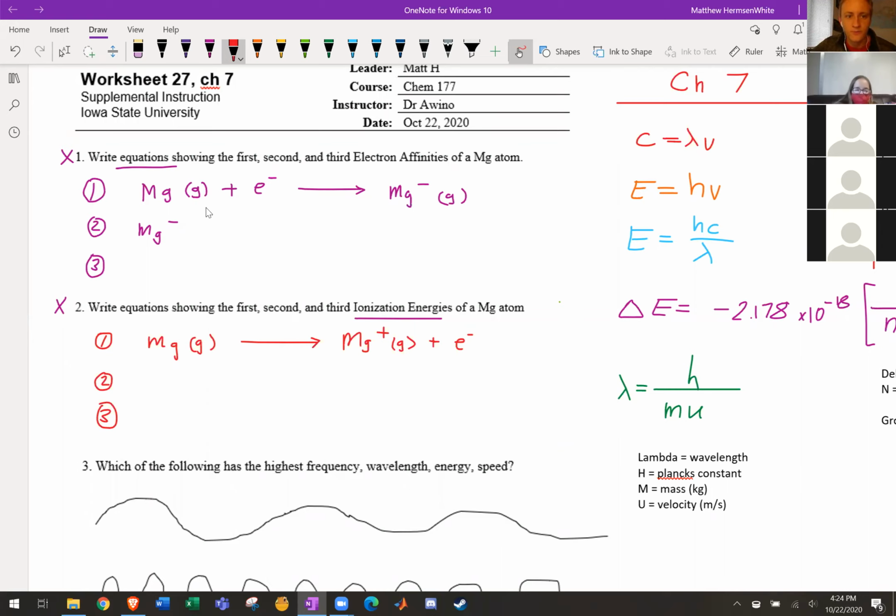Okay, so looking at the electron affinities, for the second equation, we're going to start off with a -1 charge. And again, we have a gaseous ion, and we're going to add another electron. If we add an electron, that's going to go into the magnesium, so it becomes -2.